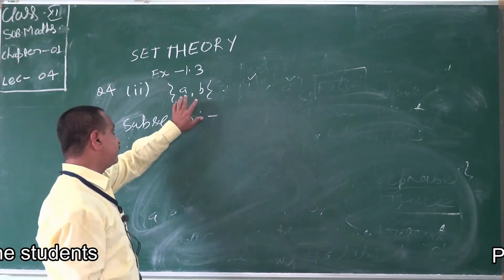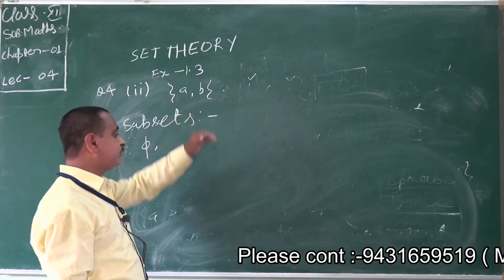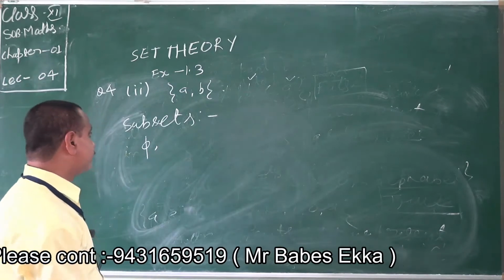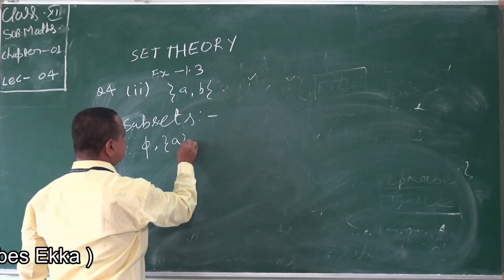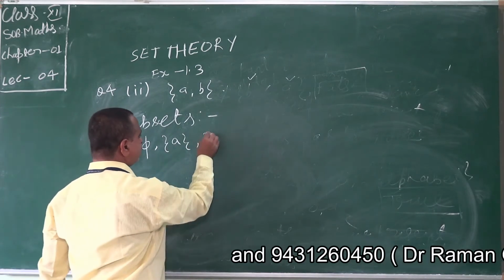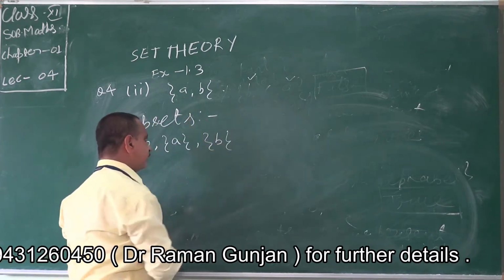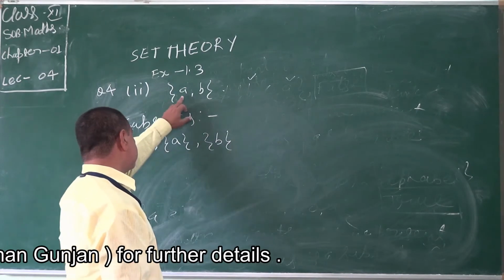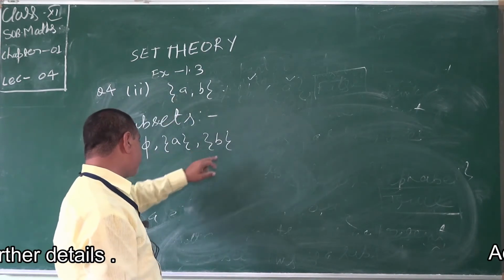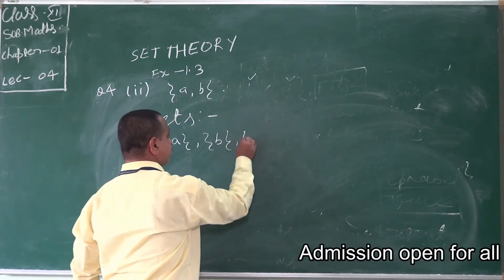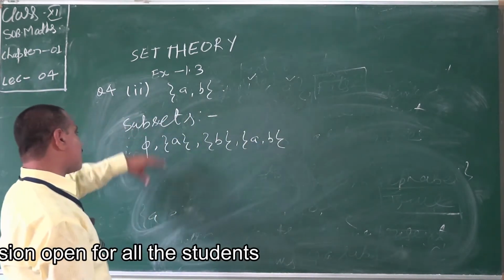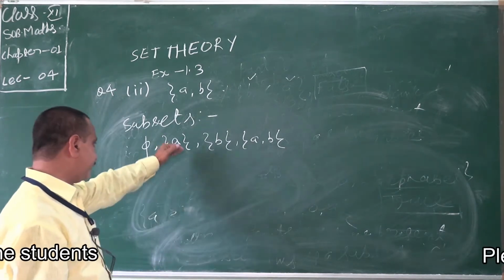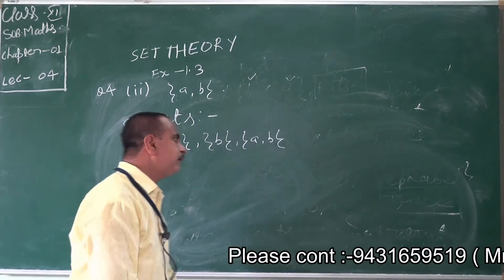We have a given set which contains 2 elements. So first the given set is changed into singleton sets. A singleton set contains 1 element. So by elements we change the set into singleton form. Then we write the set itself.